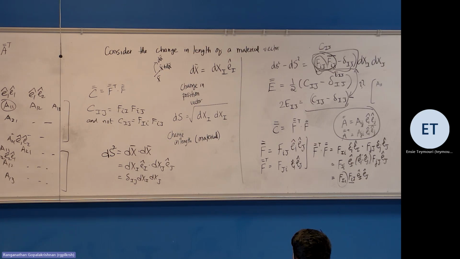We have two tensors in our hand, F and then F transpose. So if F is written as F_ij E_i E_j, where this is E_i and this is E_j.